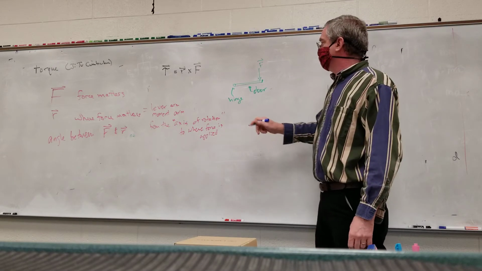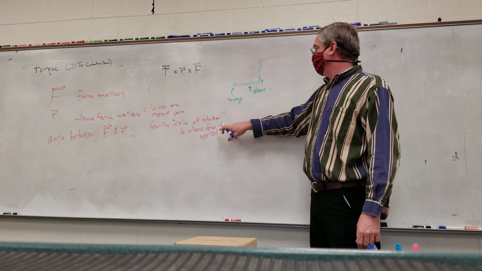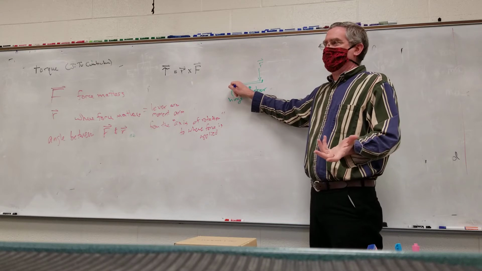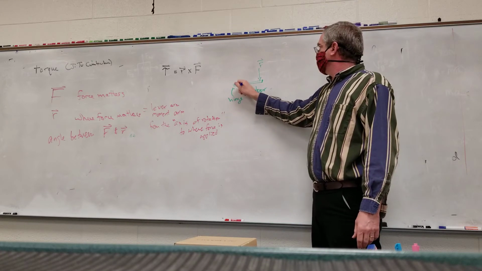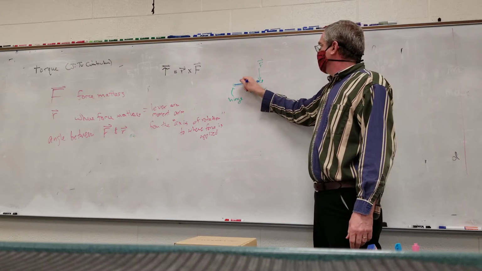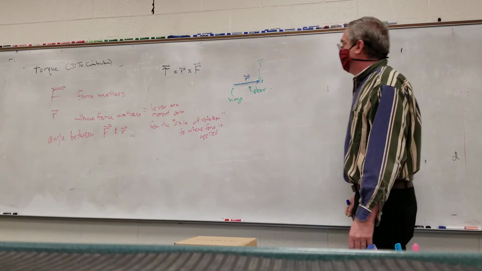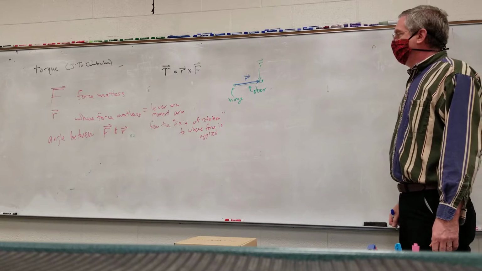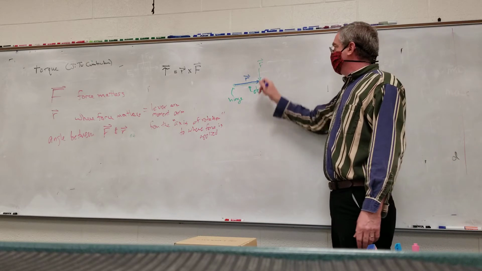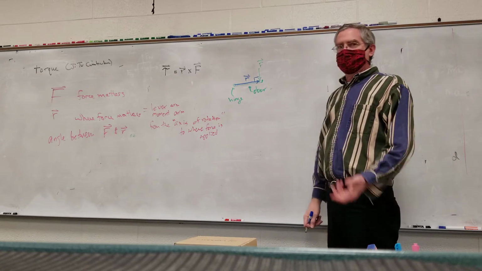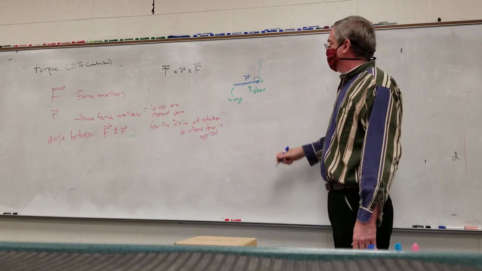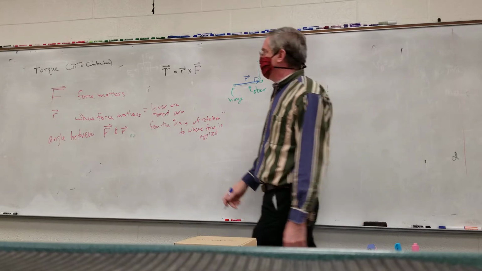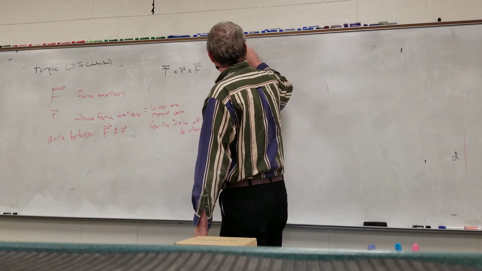R is a vector from the axis of rotation, which typically is a hinge if there is one, to where the force is applied. So that is R. Now, if they are perpendicular to each other, you just multiply to get the magnitude. So let's make the door 1.2 meters.